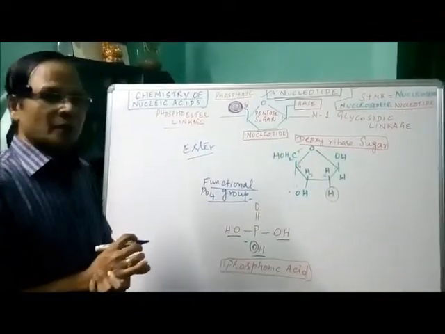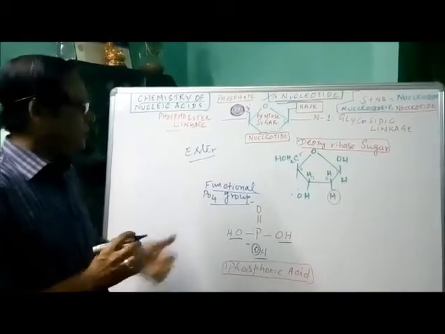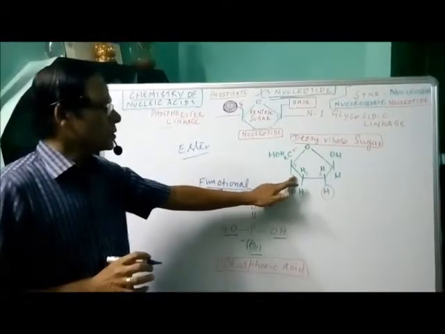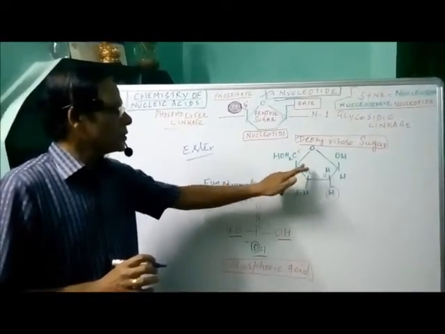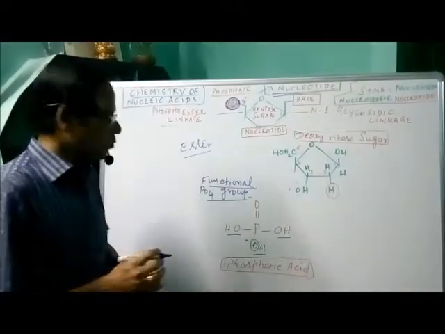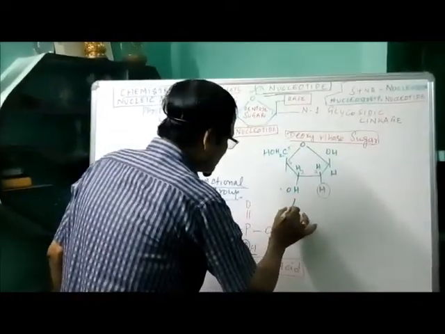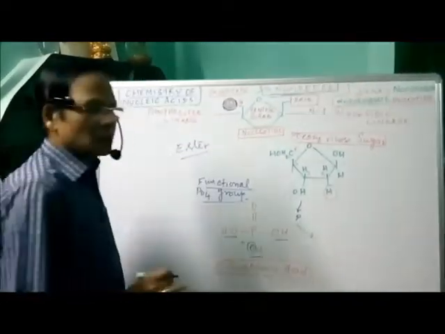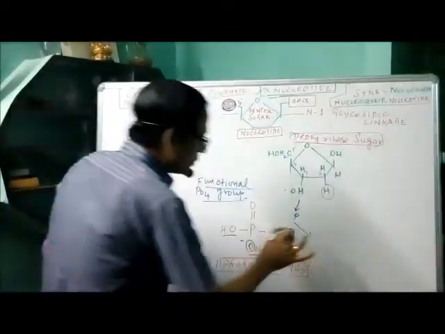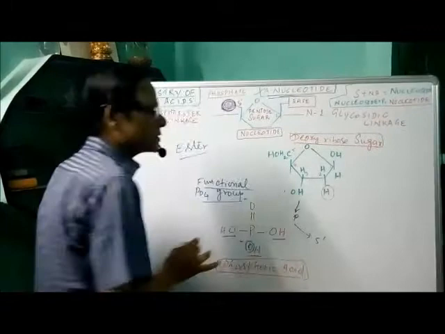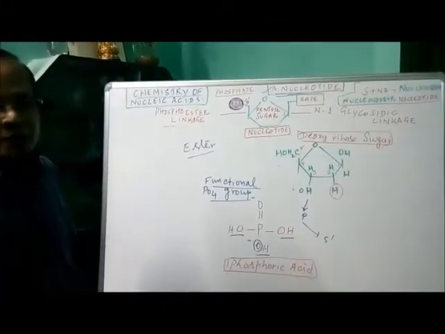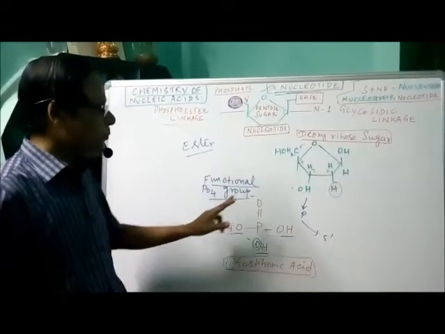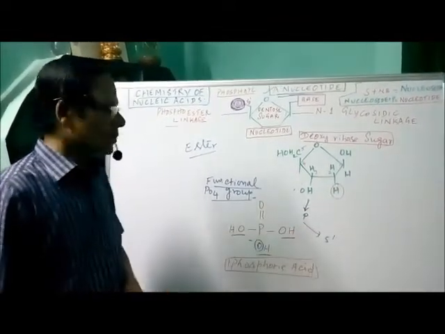It forms an ester bond with the 3 carbon of the pentose sugar at one end. It also forms an ester bond with the 5 carbon of the adjacent sugar nucleotide. So it forms a phosphodiester bond.